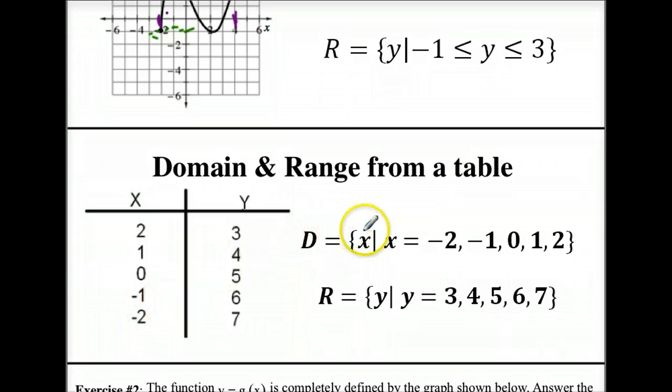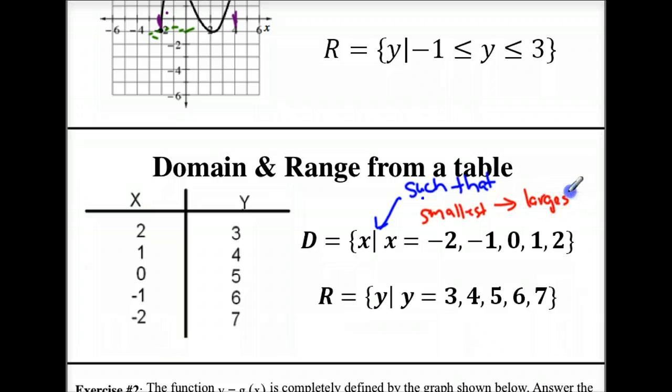So my domain is written as x, and this line means such that, x is equal to -2, -1, 0, 1, and 2. I always start from the smallest number, and let's make a note: we start from the smallest to the largest number.